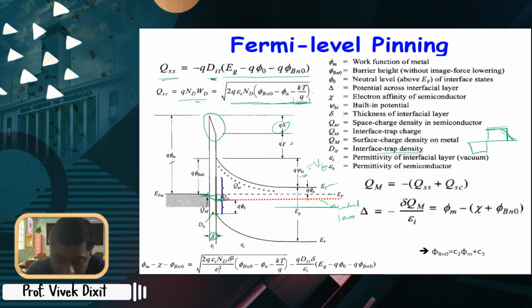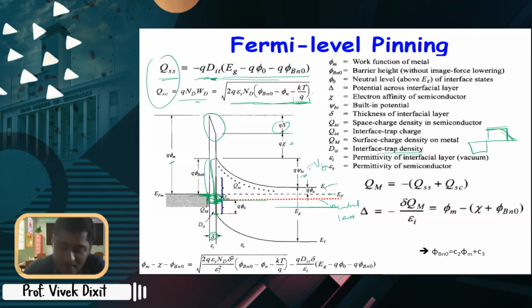If it is above, then this will be negative charge. So it is written as Eg minus Q phi naught minus Q phi, basically this gap between the metal Fermi level and the neutral level, multiplied by minus Q. So that will be the interface charge.